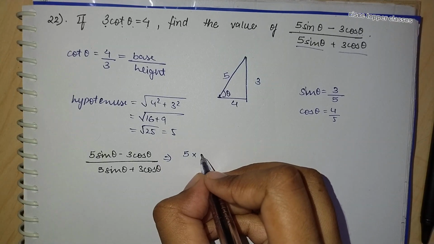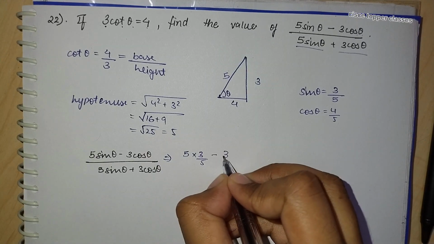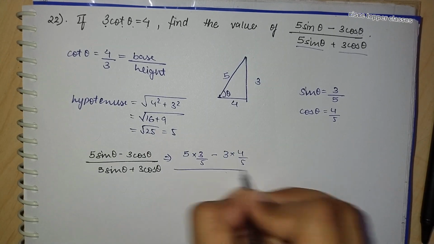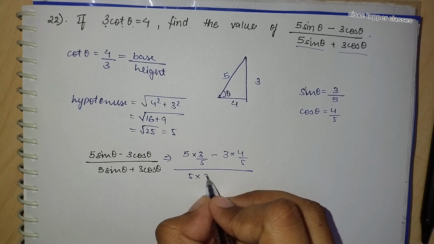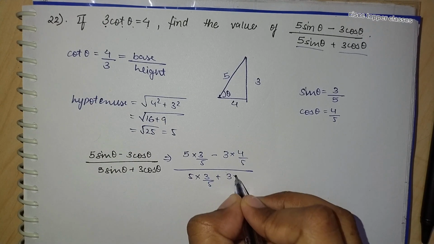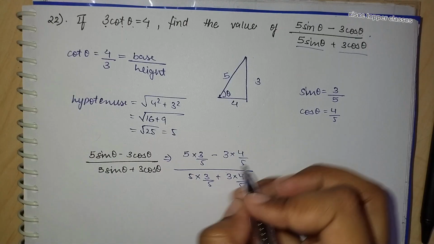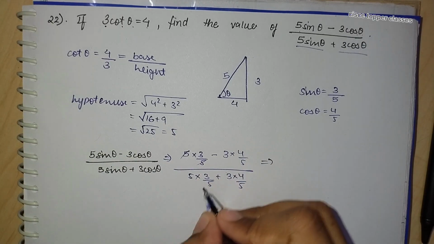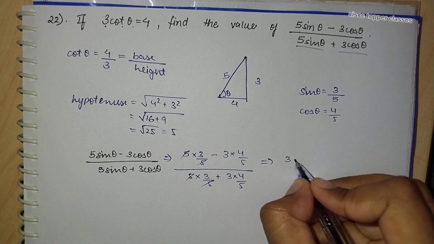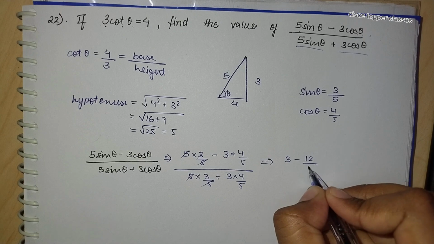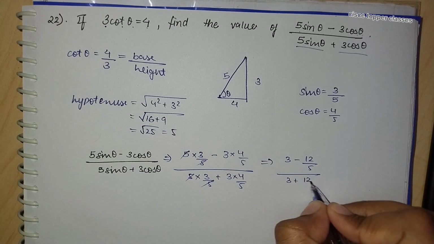So 5 into 3 by 5 minus 3 into 4 by 5, divided by 5 into 3 by 5 plus 3 into 4 by 5. Here the 5s cancel out, so this will be 3 minus 12 by 5 divided by 3 plus 12 by 5.